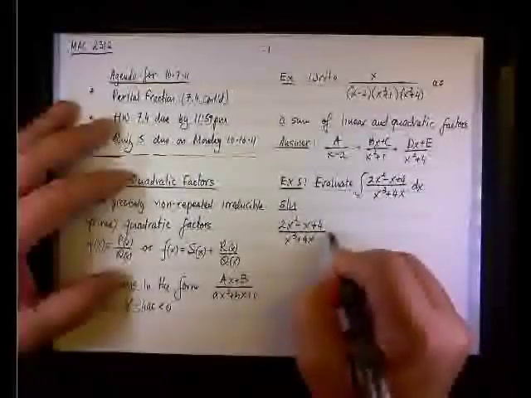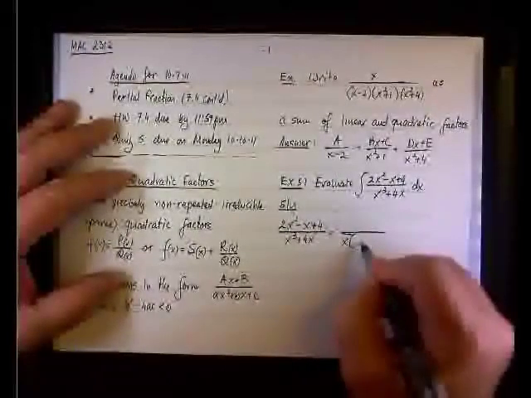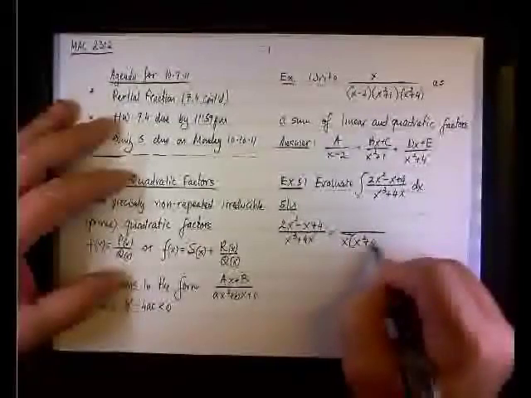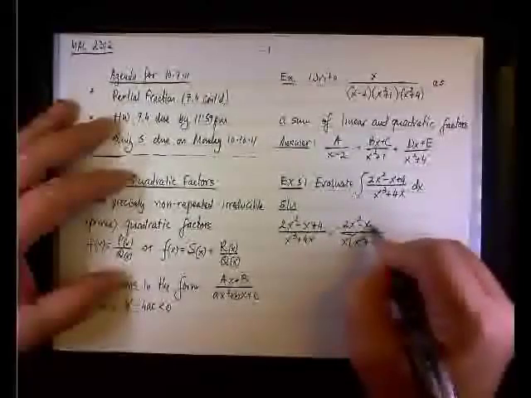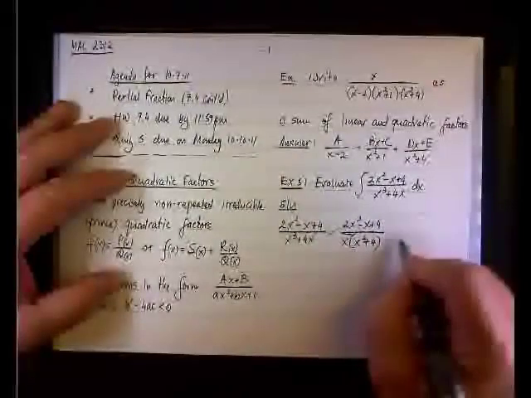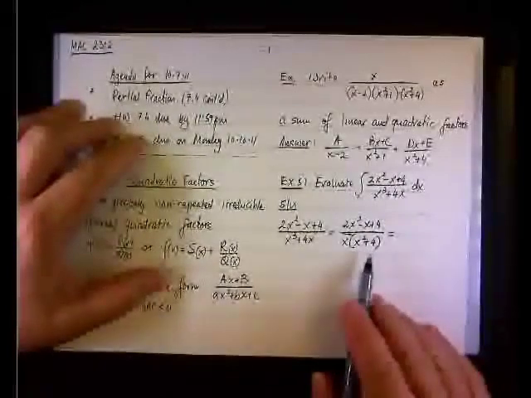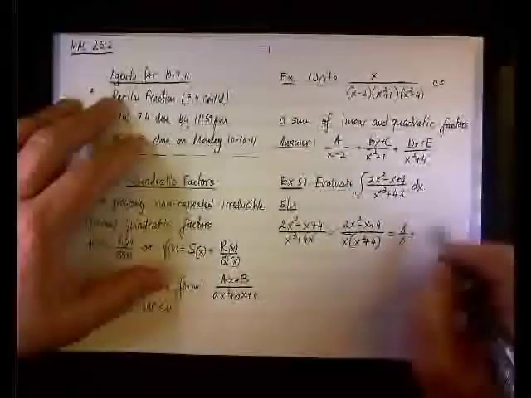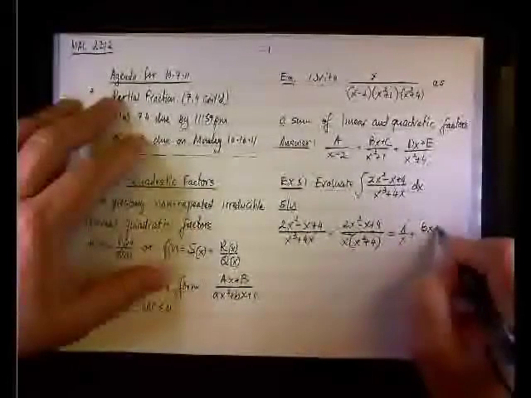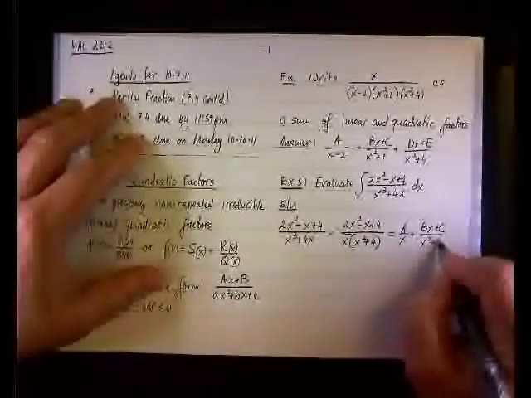First of all, let's factor the denominator, step 2. So we have x times (x squared plus 4), and we see that we have a linear factor and a quadratic factor. So it will be A over x plus (bx plus c) over x squared plus 4.